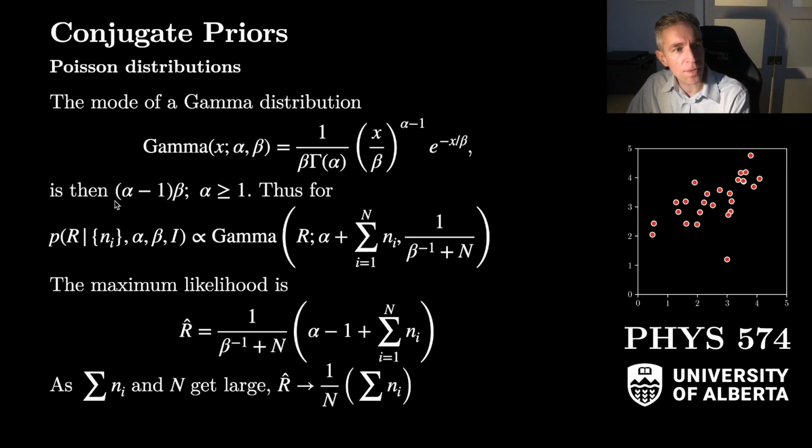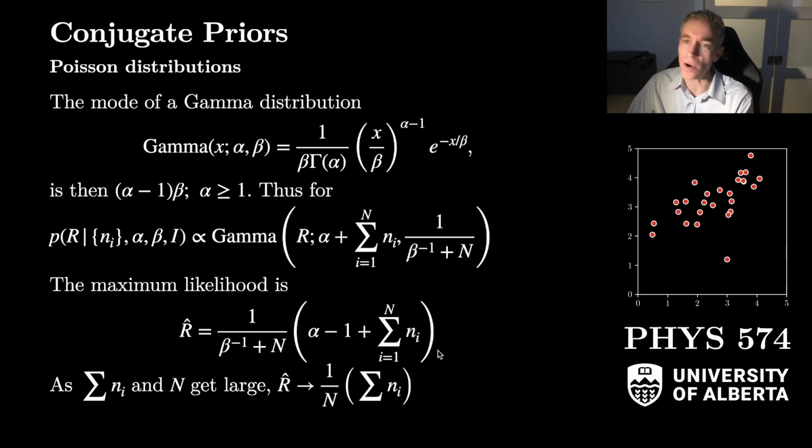So for that, we can take a known gamma distribution with these parameters, alpha and beta, and the mode of that is alpha minus 1 times beta. And so we can use the gamma distribution here for the posterior of our problem, where the alpha and beta parameters become these additional parameters here. And then we just take the product of alpha minus 1, the first argument, times the second argument.